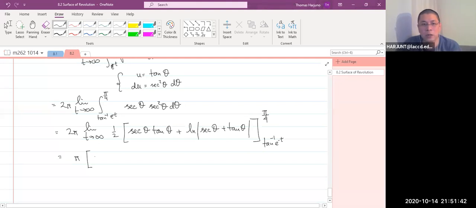Secant pi over 4 is radical 2 times 1 plus natural log of radical 2 plus 1. That's the first part. The second part, what happens if t goes to infinity, so it becomes 0. Theta equals 0. So secant 0 is 1, and tangent 0 is 0, plus natural log of 1 plus 0, which is basically 0.